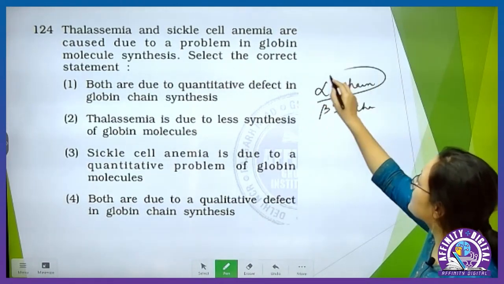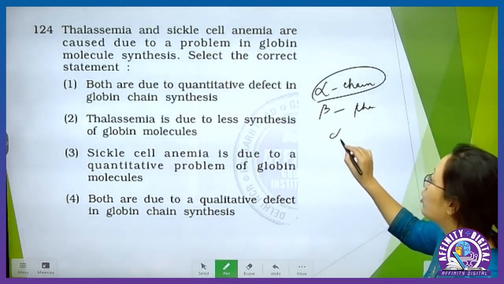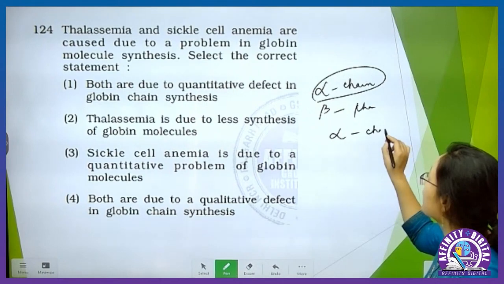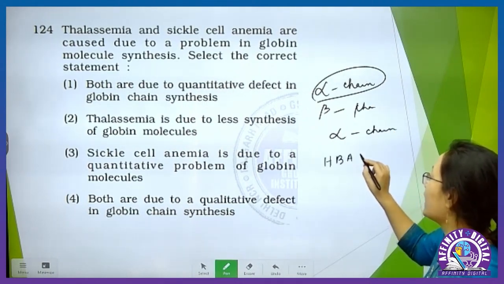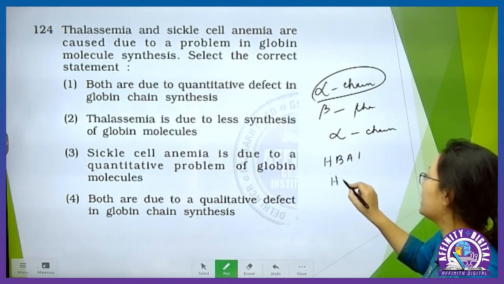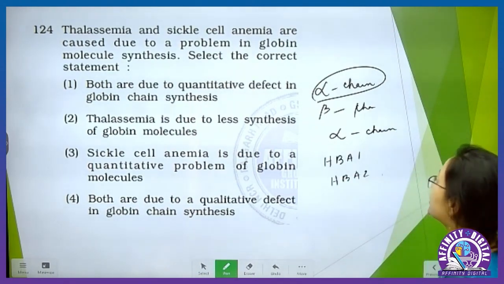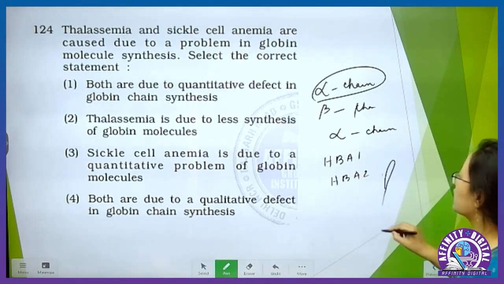Let us first consider alpha thalassemia. The alpha chain of hemoglobin is synthesized by two genes, HbA1 and HbA2, which are located on a chromosome.